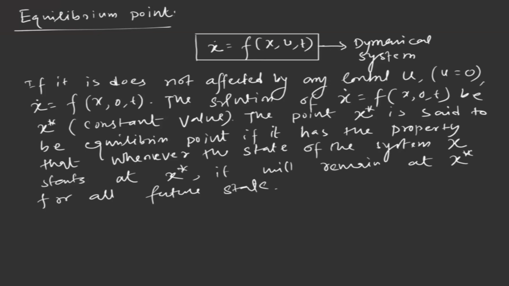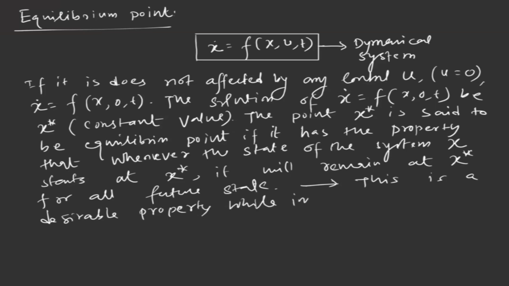This is basically a desirable property when designing and implementing a control system. In a control system, our main motivation is to maintain the system at the equilibrium point.